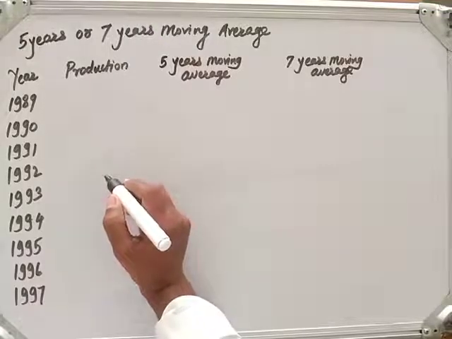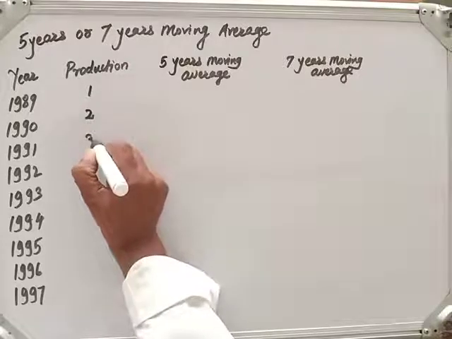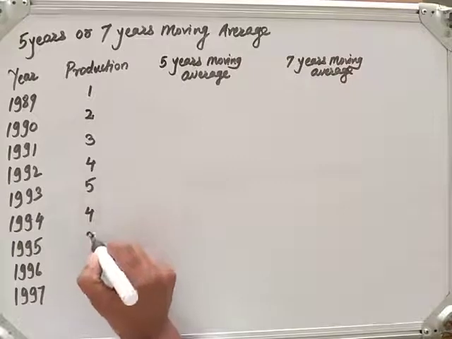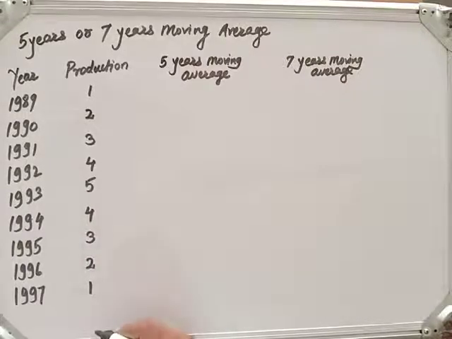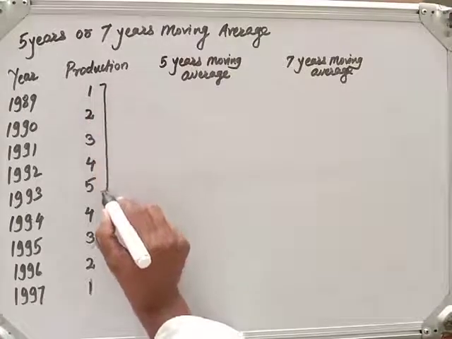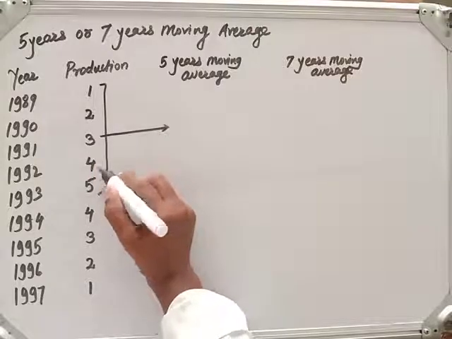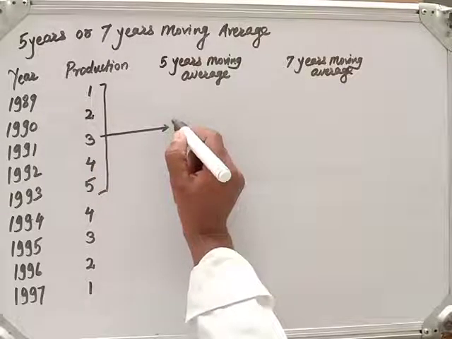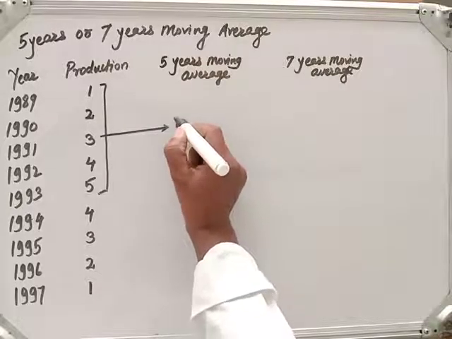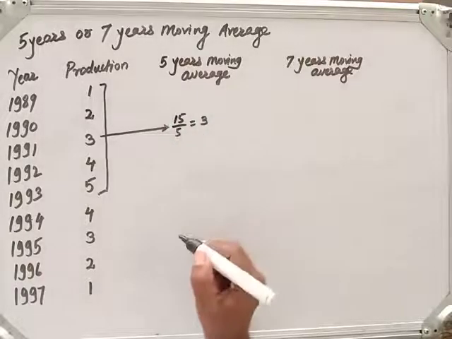Production is 1, 2, 3, 4, 5, again 4, 3, 2 and 1. Now for the 5-year moving average we have to group 5. The total of these 5 is 15, and 15 divided by 5 is 3. The moving average will be 3.